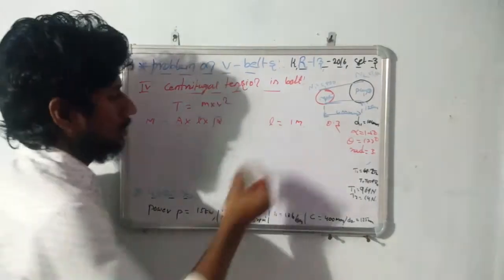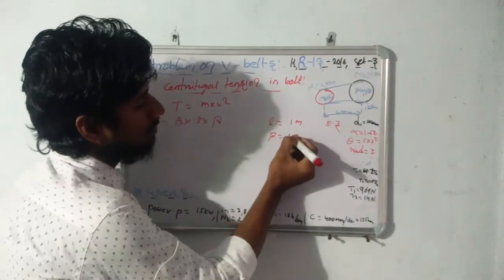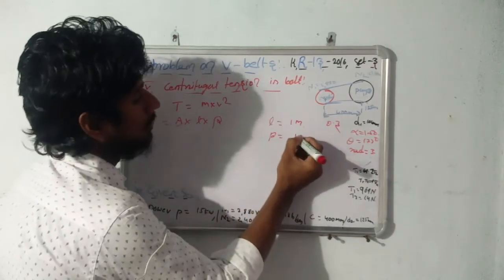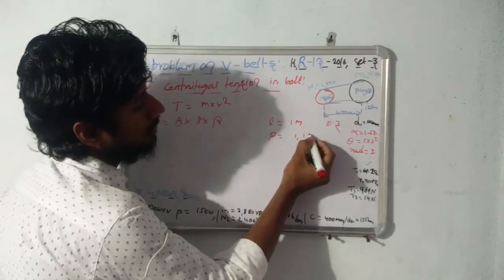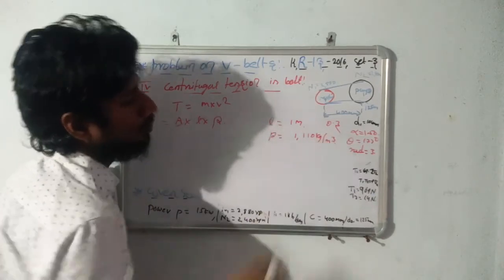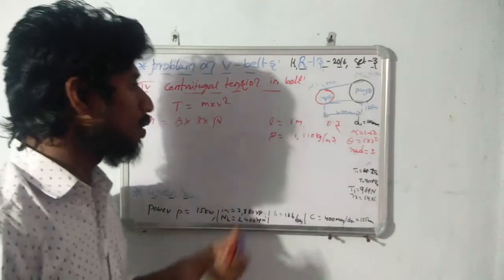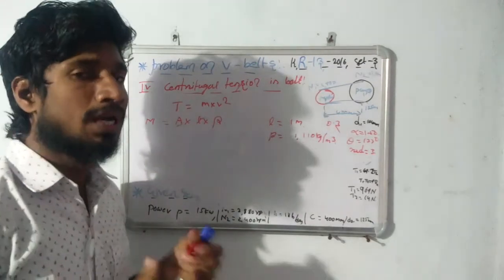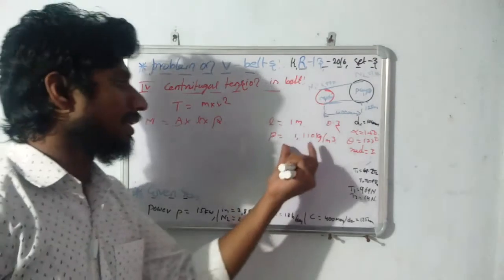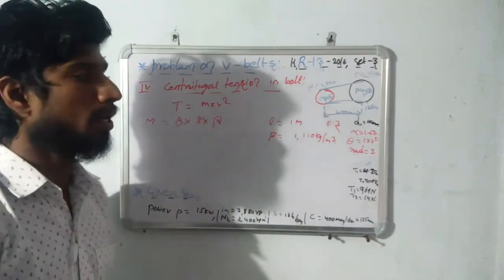And here the density is the standard value for the materials of V belts, that is 1110 kg per meter cube. In case the value of density is given in the problem, consider that value. If it is not given, it is the standard value for V belt, right?